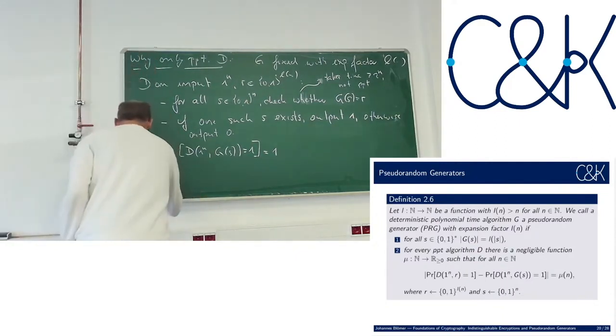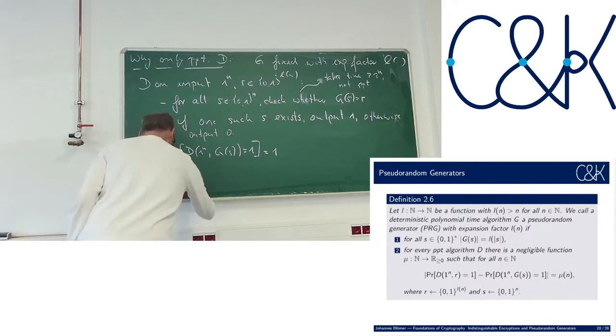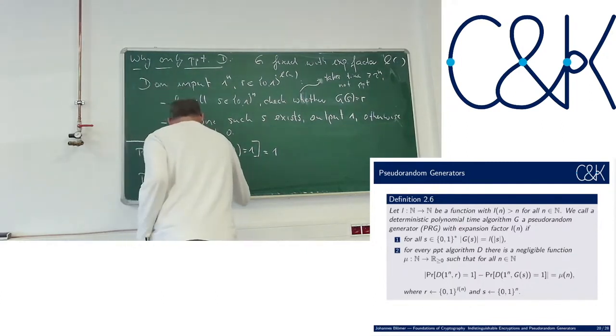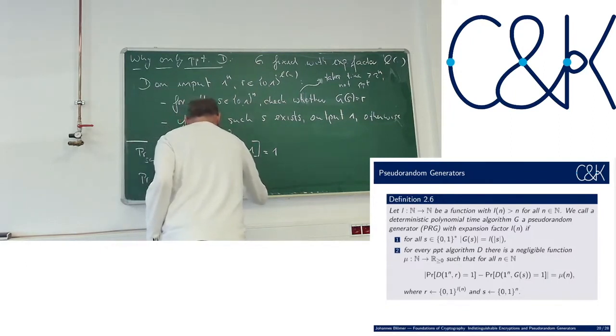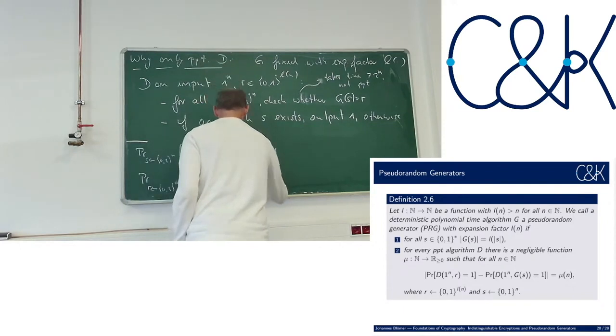Now what's the probability for R uniformly at random from 0,1 to the L of n? Probability that D on 1 to the n and R outputs 1.